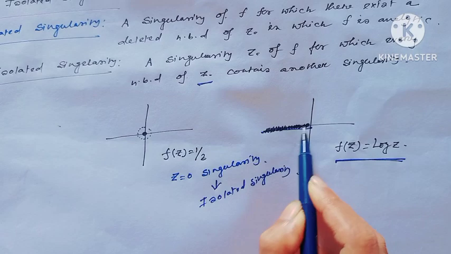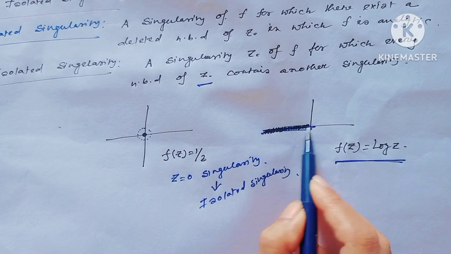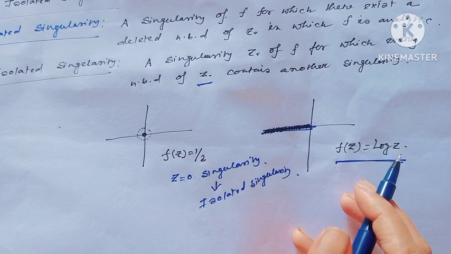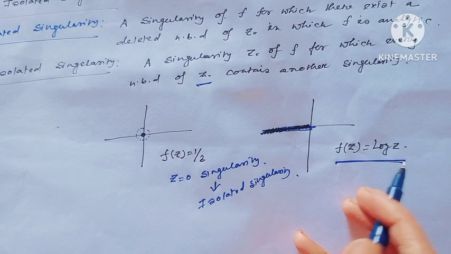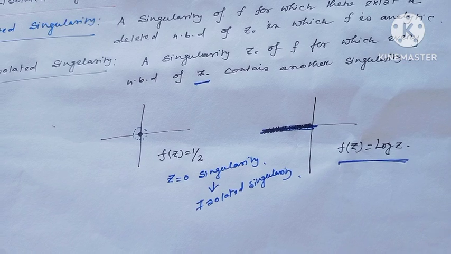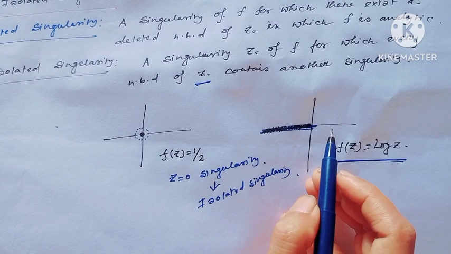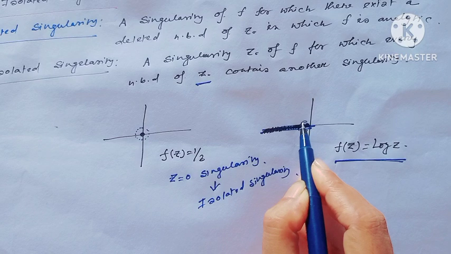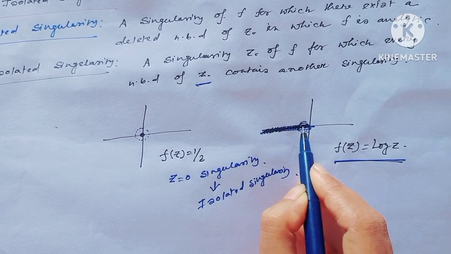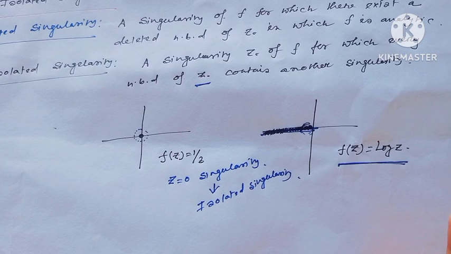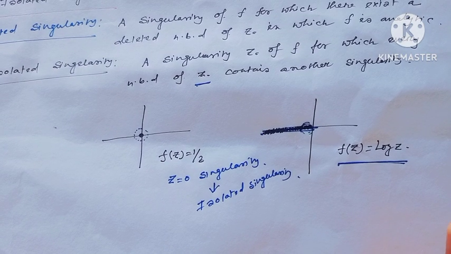On the negative real axis the function has singularities. So this is called a non-isolated singularity, because if we consider any neighborhood at any singularity, then there always exists another singularity also.